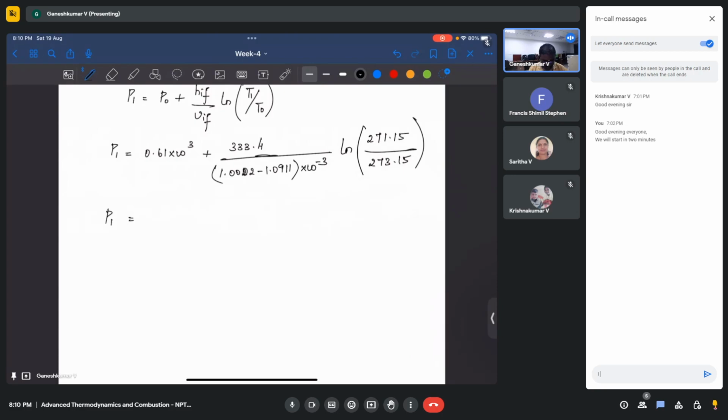It's going to be ln of 271.15 divided by 273.15, times 333.4 divided by 1.0002 into 10 power minus 3, right? Plus 0.61 into 10 power 3.